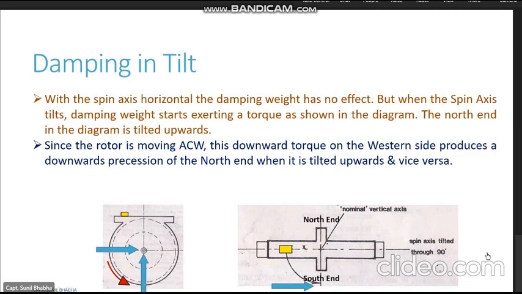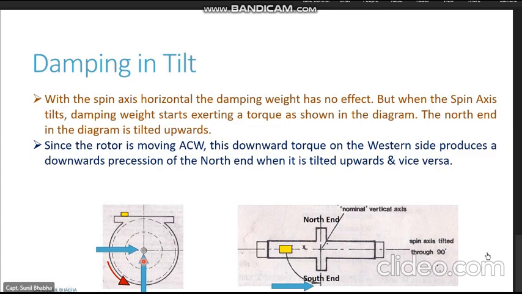So the force is applied in this particular way now. You see the upward arrow highlighted by the laser pointer. This is how the force gets applied to the south end of the spin axis. So this force tries to push the south end of the spin axis upwards.